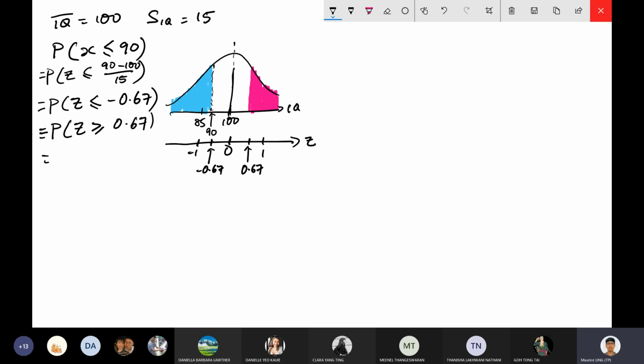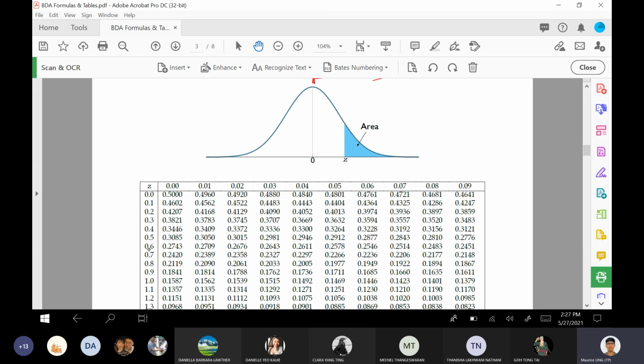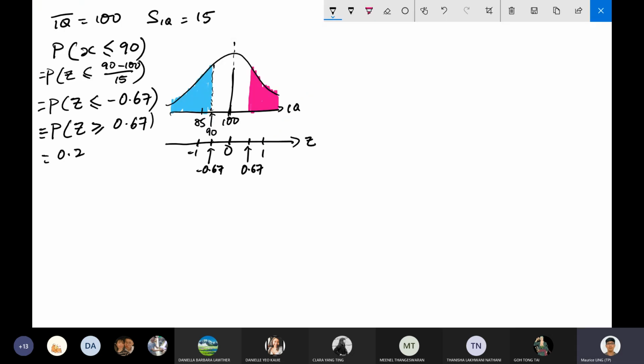So then you look at here, 0.66, 60, 61, 62, 63, 64, 65, 66, 67. So here 0.2514. Okay, 25.14% of the population is less than 90.